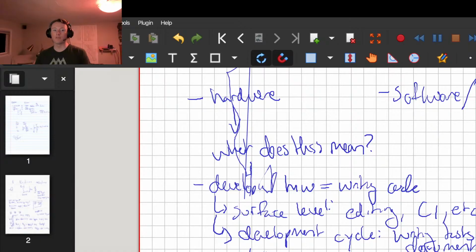You're doing a lot of the same things. The big differences are really in maybe two examples. Number one, testing is far more rigorous. Why? Because chips cost a lot of money.